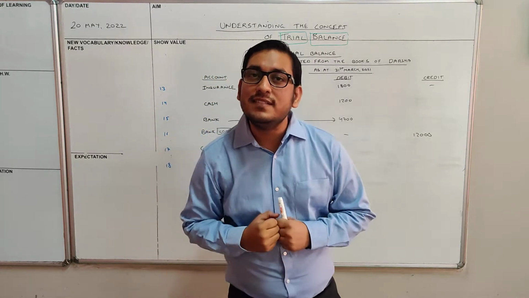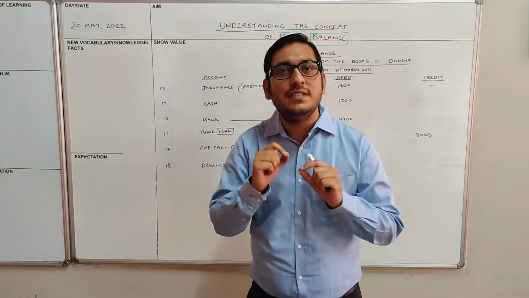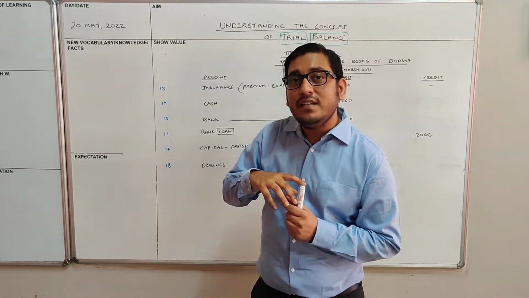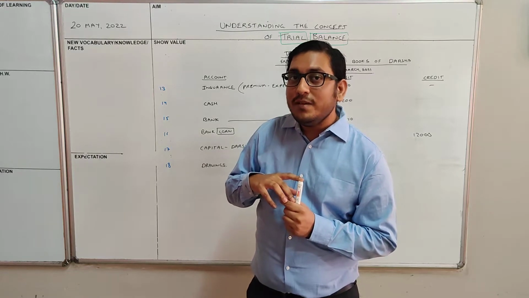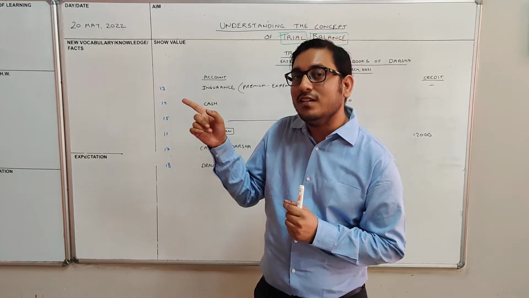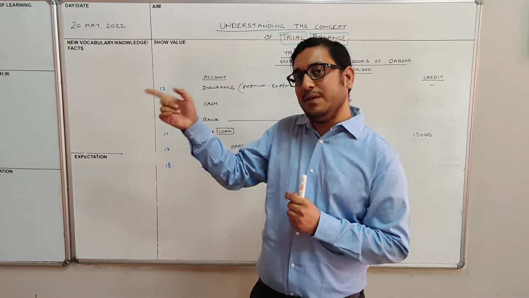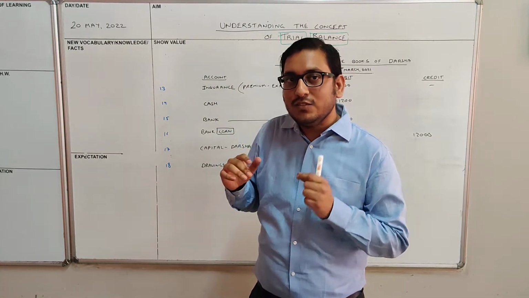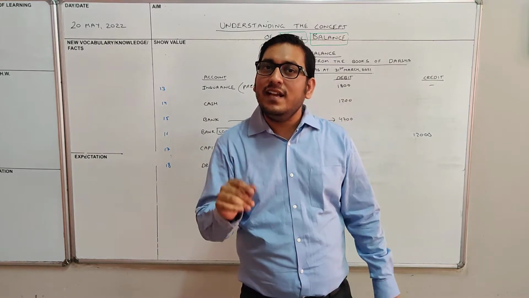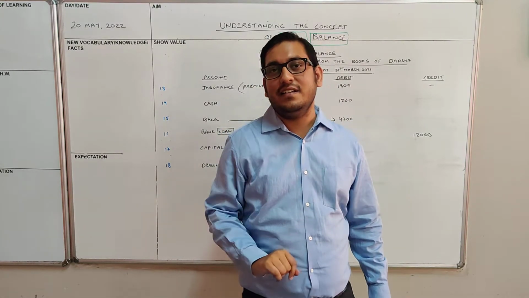What entry will the business pass? Bank account debit. Who is the giver? Owner. So whatever an owner has invested into the business becomes the capital or the owner's equity. So bank account will be debited and capital account will be credited.